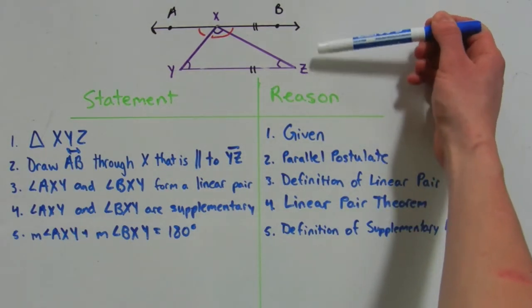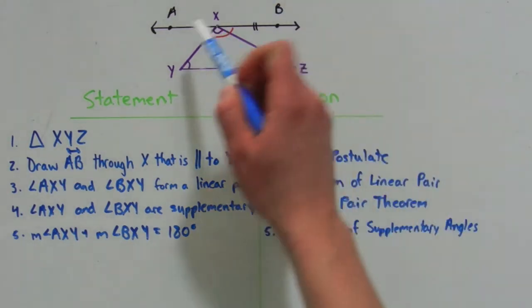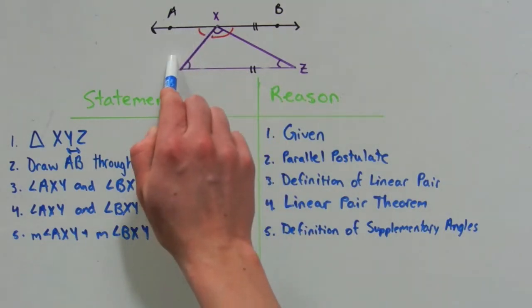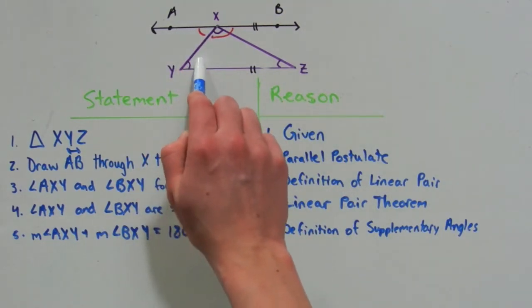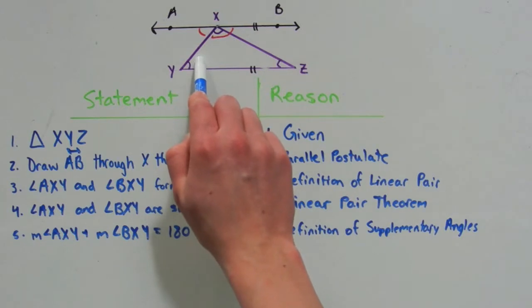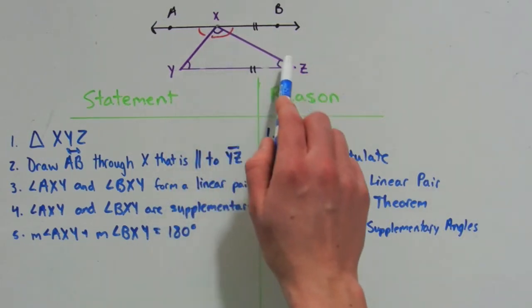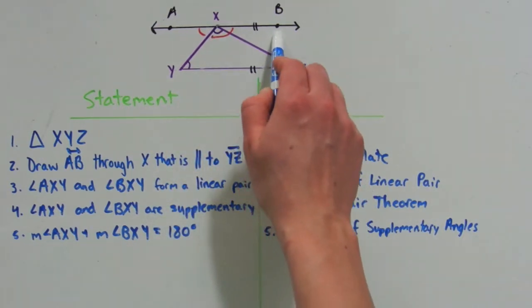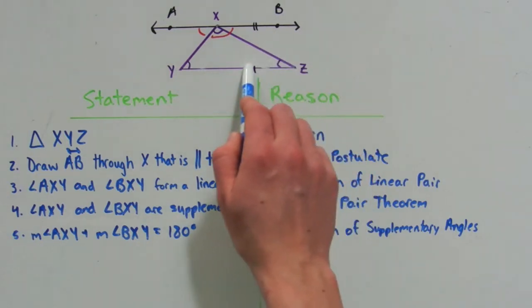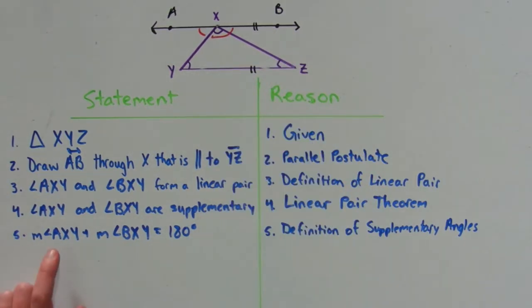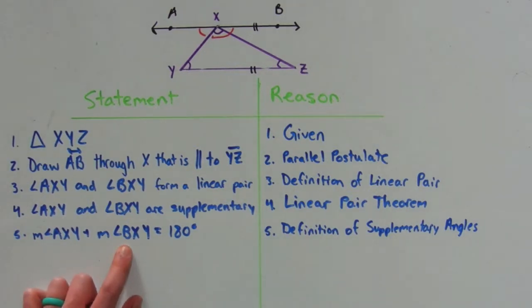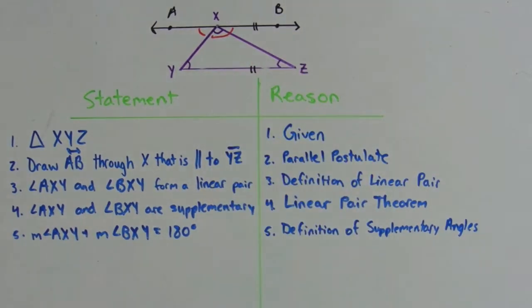Since these two lines are parallel, we can see that angle AXY forms an alternate interior angle with angle Y, and angle BXZ forms an alternate interior angle with angle Z. And we are already using angle AXY in our formula, so we need to separate this angle BXY into its components in order to utilize BXZ.